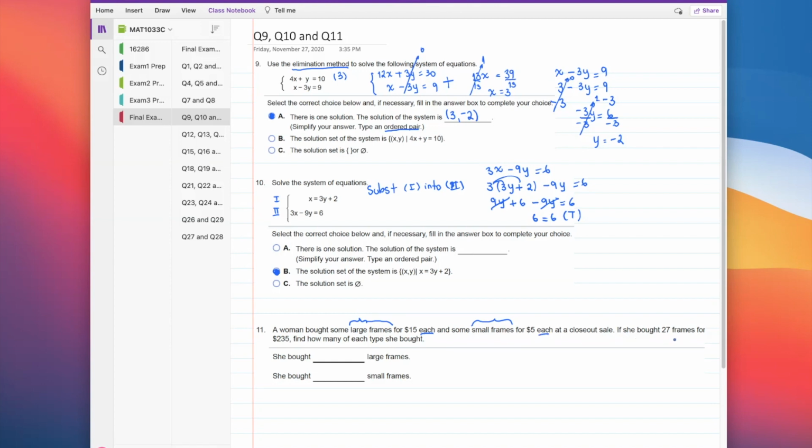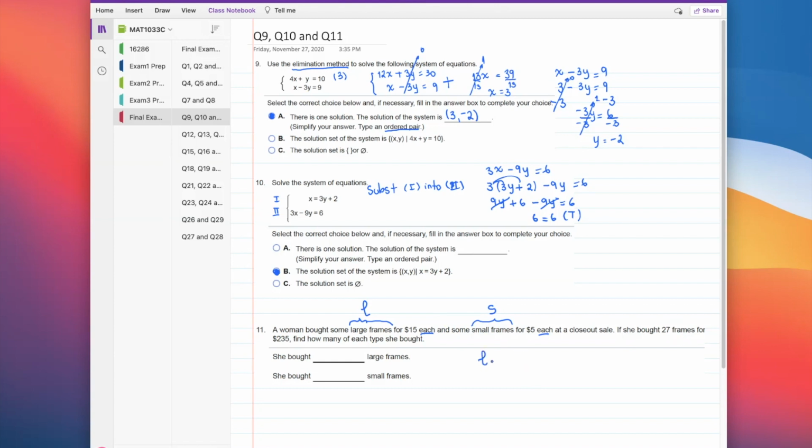If she bought 27 frames for $235, find how many of each type she bought. So from here, you have to extract two equations. The first equation, for example, if I call L for large frames and S for small frames, I know that she bought together 27 frames.